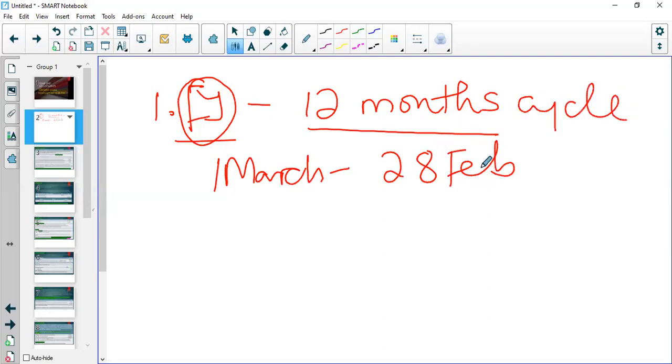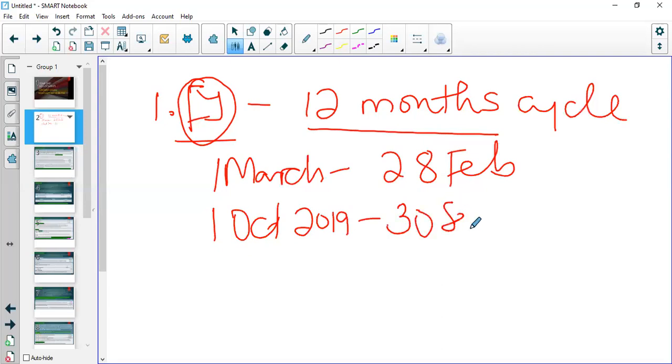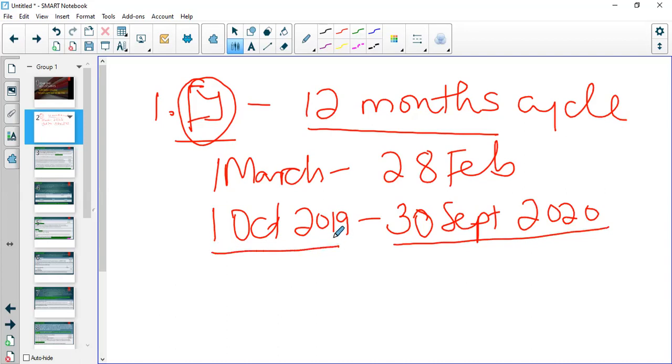If our financial year starts on 1 October, for example 2019, then it's going to span 12 months into 30 September the following year, which is 2020. So when we present financial reports for the year ended 30 September 2020, remember we cover from the 1st of October 2019.